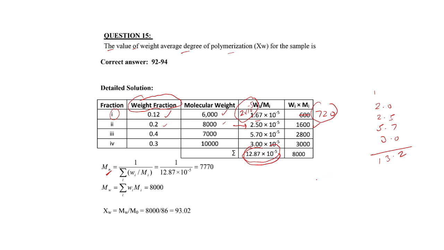So Mn will be 1 upon 13.2 into 10 power minus 5.